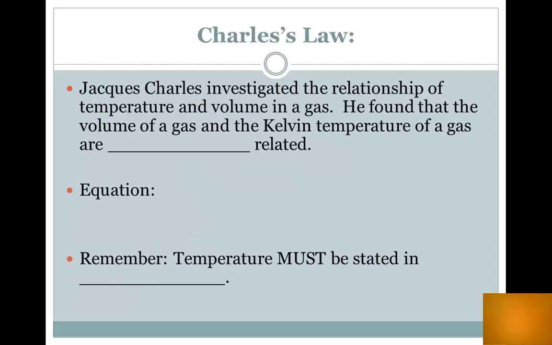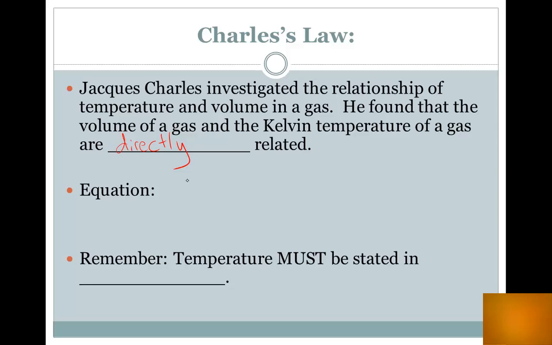Next we have Charles' law. Jacques Charles investigated the relationship of temperature and volume in a gas. He found that the volume of a gas and the Kelvin temperature of a gas are directly related. You can already guess that if these are directly related, we will be using division in our equation.